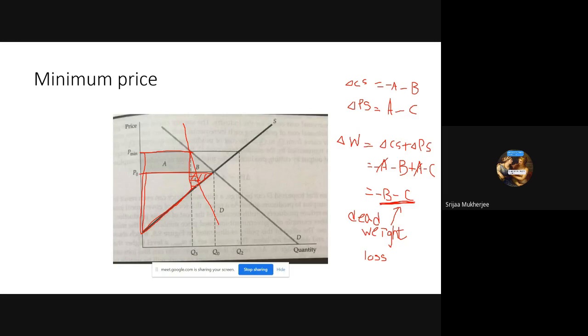Any other query? And again, as she was asking the question, I was also thinking in this way. So I just want to give you another idea. The price support is also for the unorganized laborer, right?